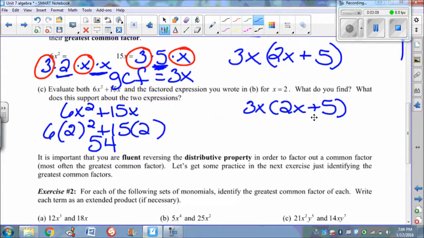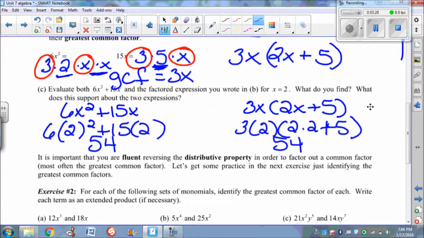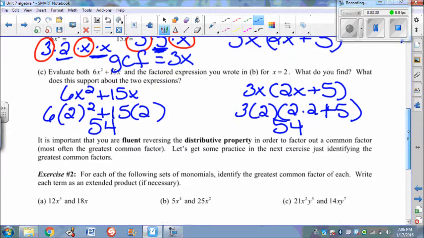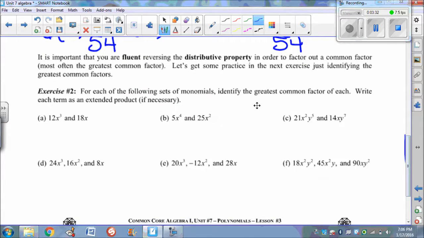So if we factored correctly, when we substitute the 2 into this expression, we should also come up with 54. So we've got 4 plus 5 is 9, and then 9 times 6, which is out here, is 54. So they are equivalent expressions. One is in factored form and one is not. So we need to be fluent in reversing the distributive property. Sometimes you'll hear me say undistribute, which is the same thing as saying factoring.